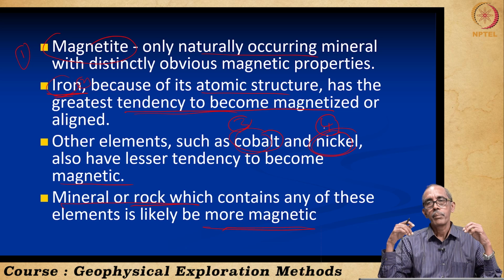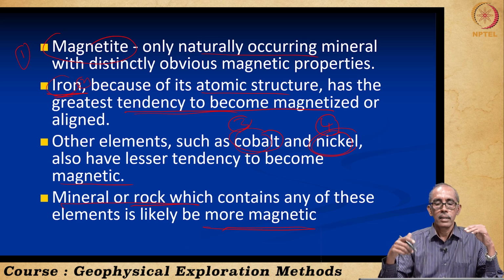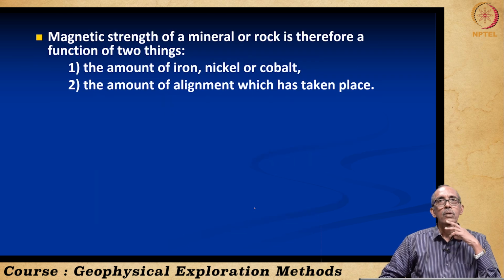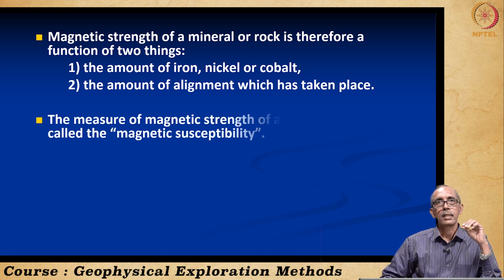If the rocks present below the surface contain minerals having cobalt, nickel or iron, they are likely to be more magnetic. So, the magnetic strength of a mineral or rock depends on the amount of iron, nickel, cobalt, and also the alignment along which they occur in the minerals, right.